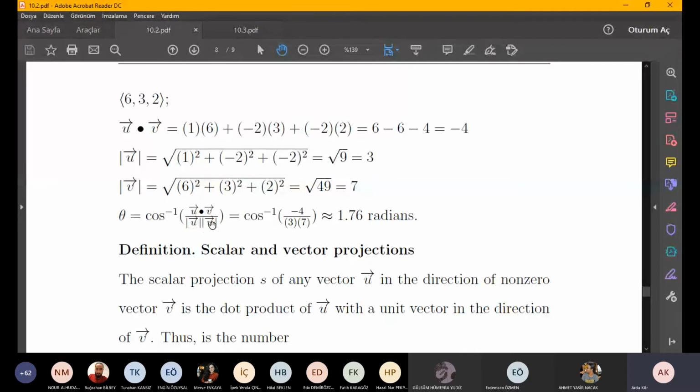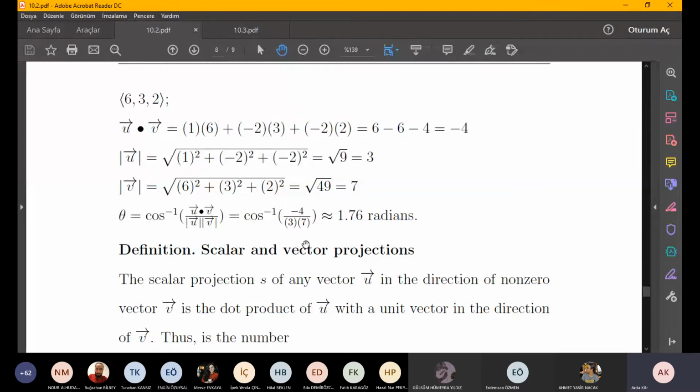Computing with those three values, theta is approximately 1.76 radians.